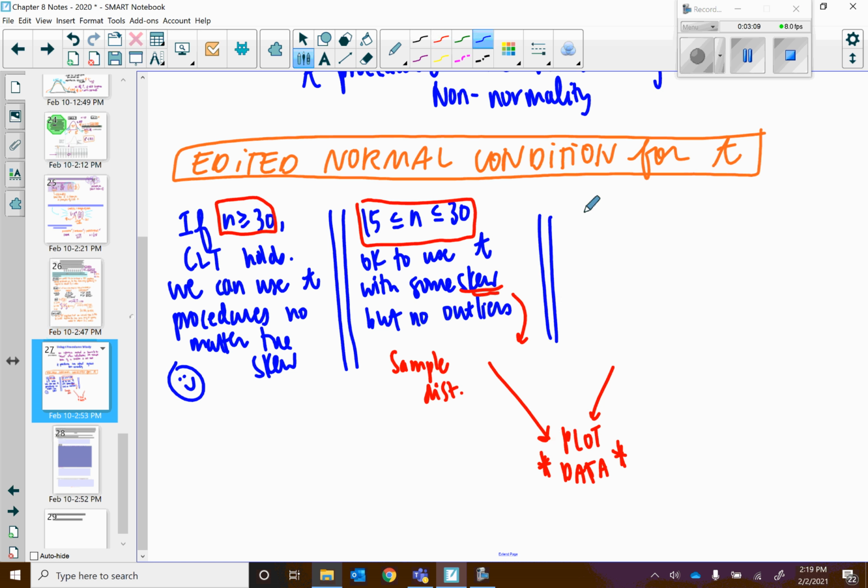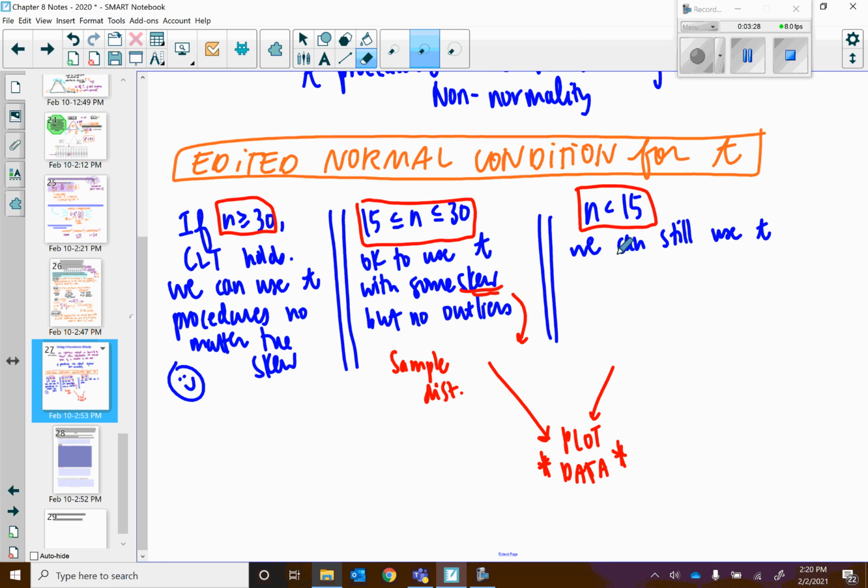And last but not least, what if our sample size is super small? What if it's less than 15? Well, guess what? T procedures are so strong that we can still use T even in this scenario, as long as our sample distribution is approximately normal.